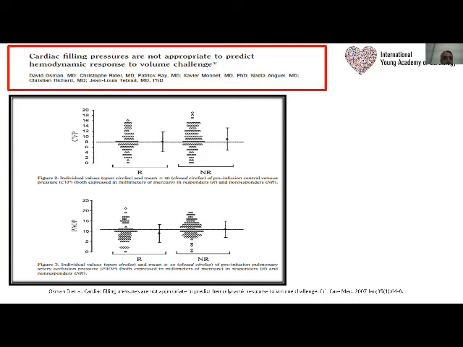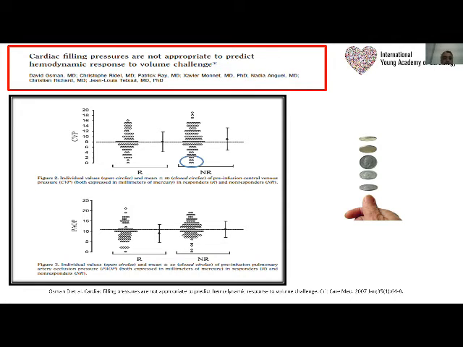research article by Dr. Osman. In the top part, you can see central venous pressure numbers ranging from 2 up to 16 for both responsive and non-responsive patients, with no big difference between the patients who responded and those who did not respond to fluid management across this very wide range of central venous pressure numbers. They even said that if you depend on a single central venous pressure number to guide fluid management, it's a matter of coin flipping.